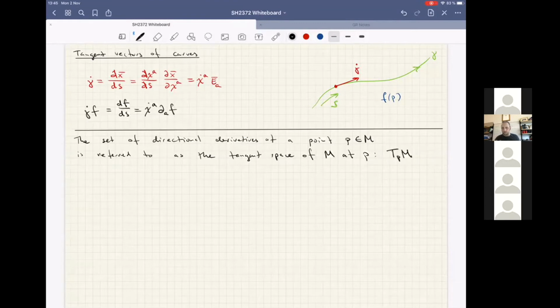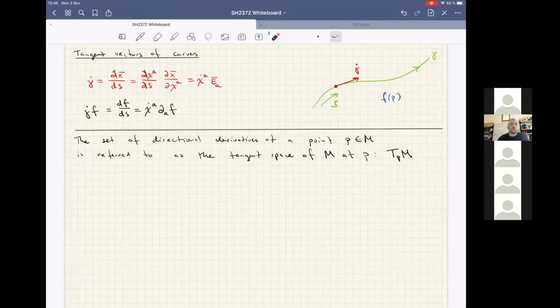So the tangent space, T stands for tangent space, P denotes which point we're at, and M denotes that it's the tangent space of this manifold at the point P. Okay.